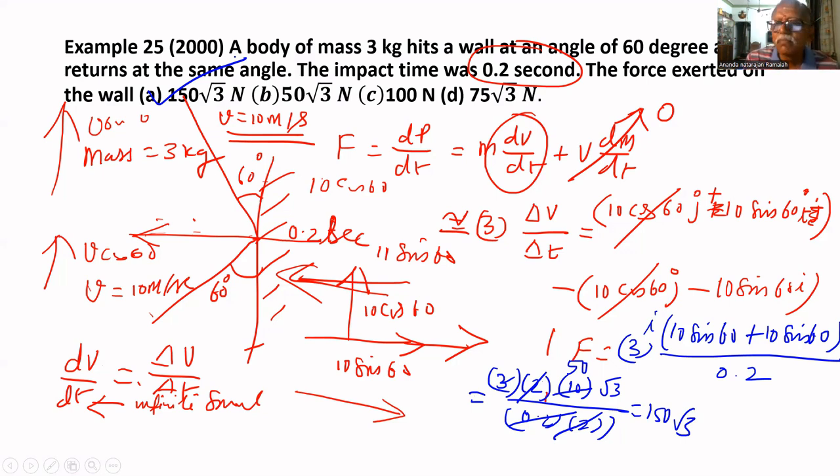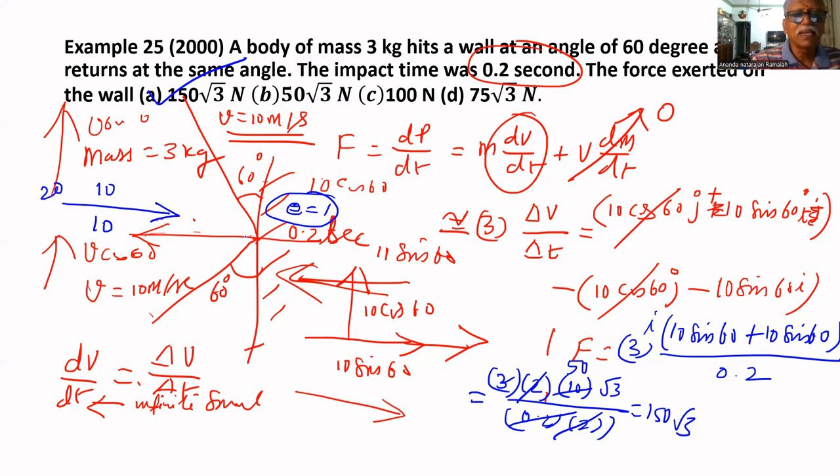Shall I move to the next sum? Here, suppose you put it perpendicular to this, meaning 10 and bounce back also 10, because let us assume elasticity E equal to 1. E is not given, that's why we are assuming E equal to 1. That's why it is written back at the same velocity. 10 minus of minus 10, you will get 20.